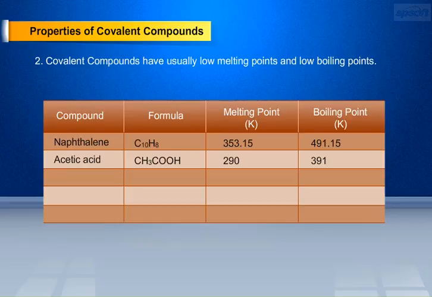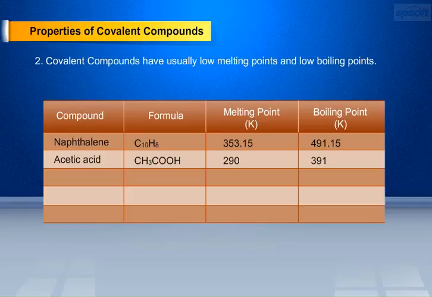Chloroform, CHCl3, has a melting point of 209 kelvins and a boiling point of 334 kelvins respectively. Ethanol, CH3CH2OH, has a melting point of 156 kelvins and a boiling point of 351 kelvins respectively.